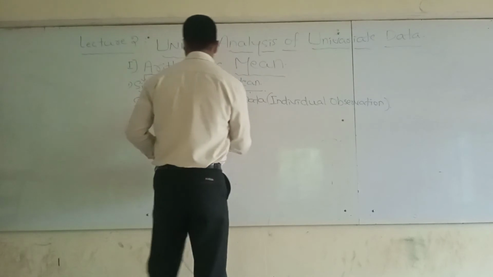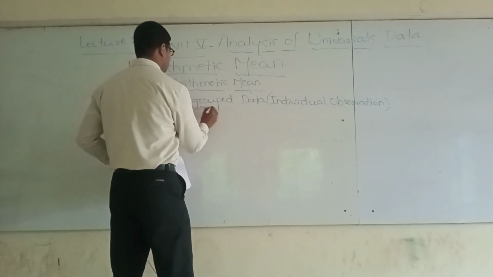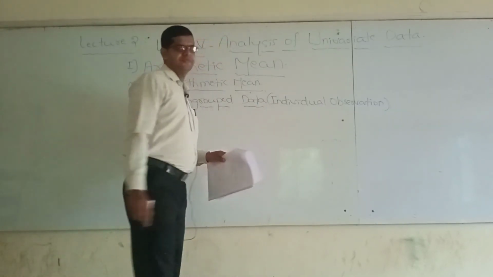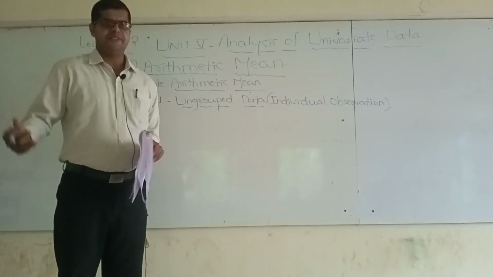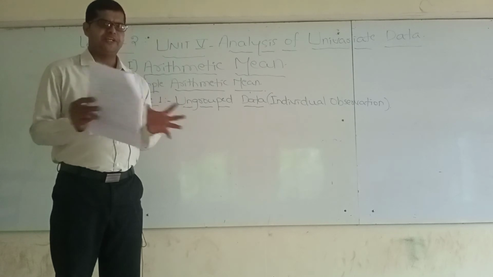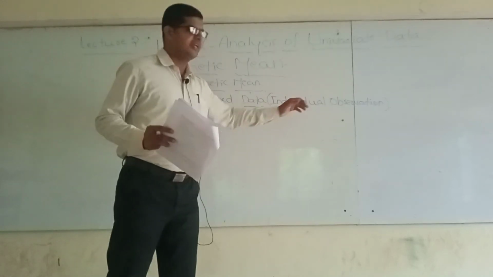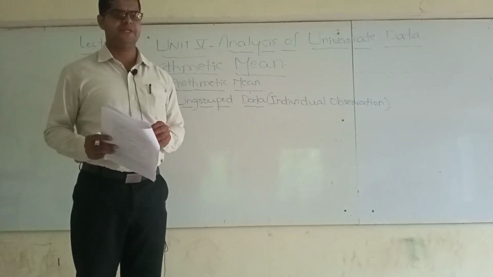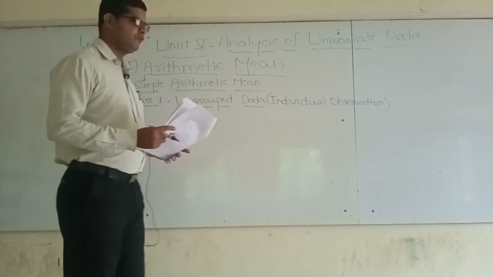Because two things we have: ungrouped data and grouped data. Ungrouped data means where we are not going to find a group of data. We find a single or individual observation, so there is no question of group of data.